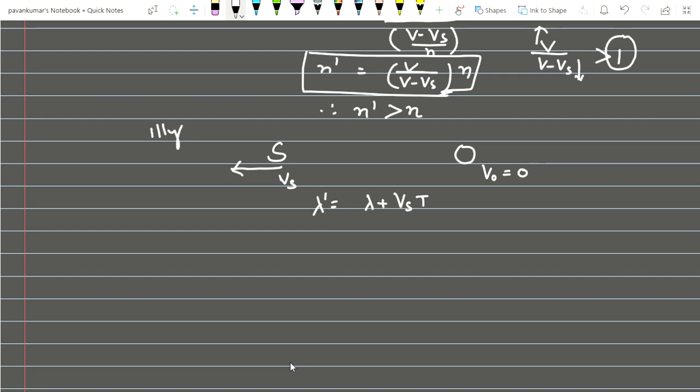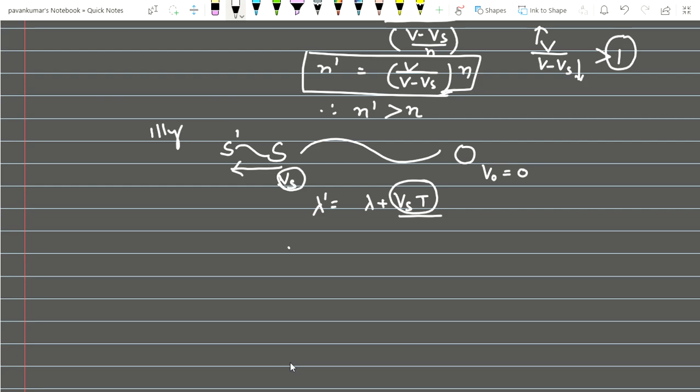That is, the distance travelled by the wave to reach the observer is increased in this case by a factor Vs into t, because this factor arises from the motion of the source of sound.